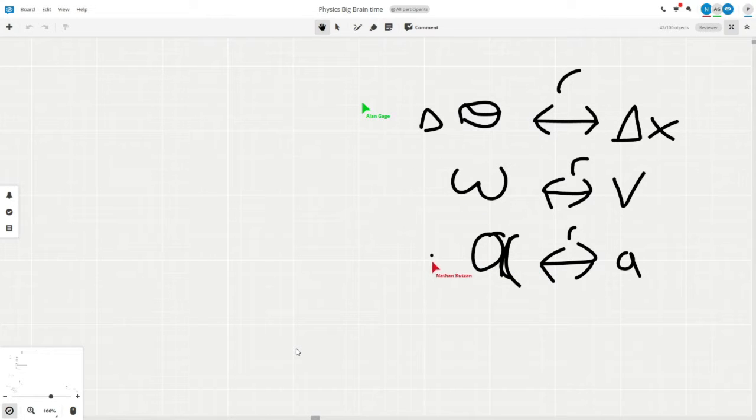So these are all analogs between what we've been dealing with at the beginning for linear motion, and this is for rotational motion, which means pretty much all the equations are the same, just with the variables swapped around. For example, with regular motion, we had v is equal to at, right? So what would be the analog equation for rotational motion?